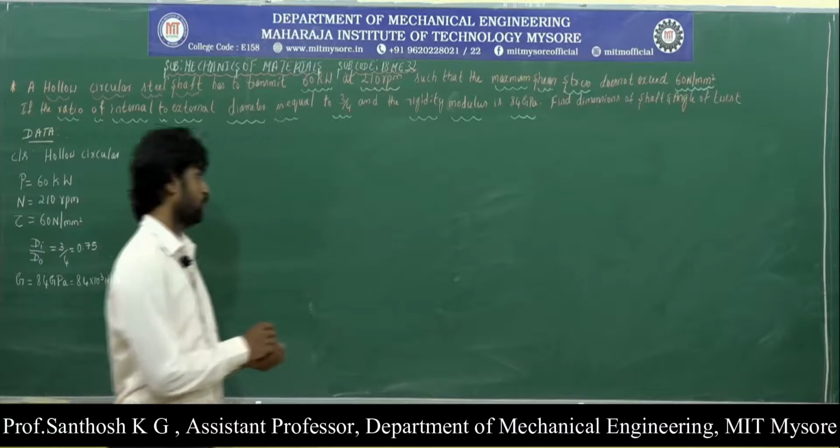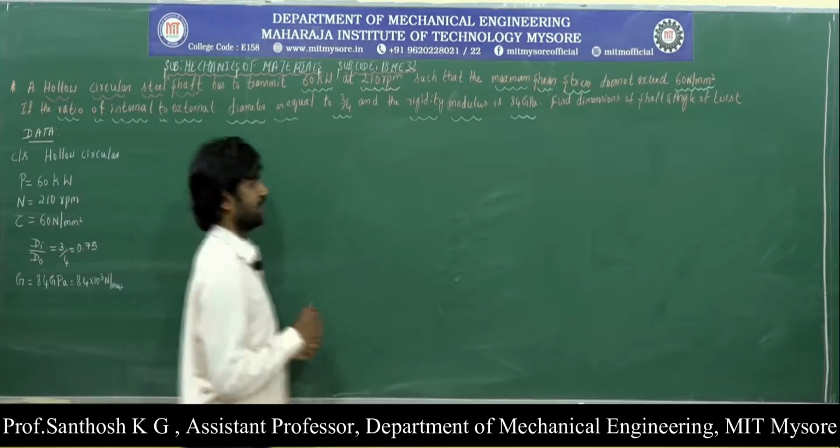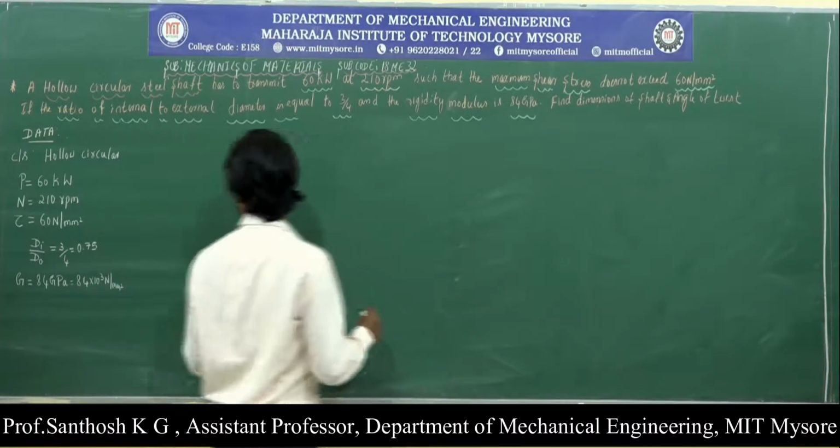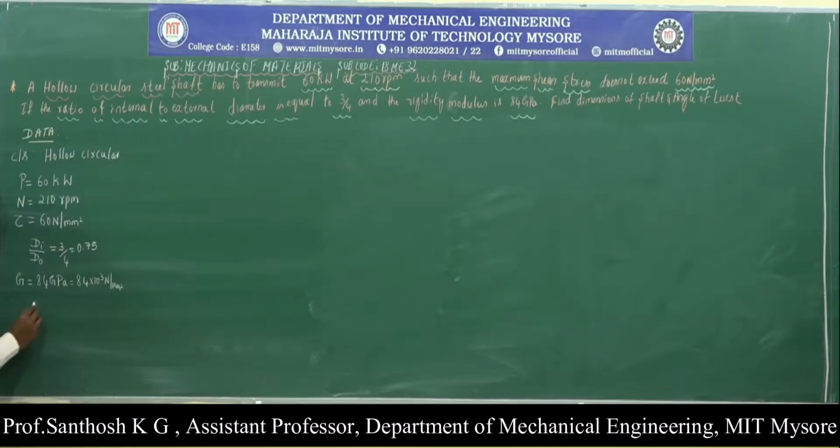So using these data, I should find the dimensions of the shaft and also the angle of twist. If you take a shaft, it will have the following dimensions, that is, the diameters.